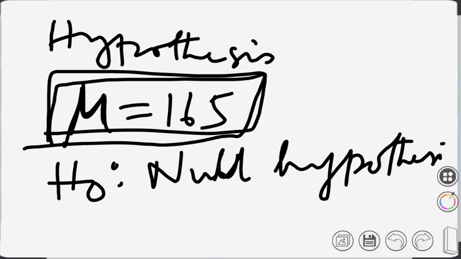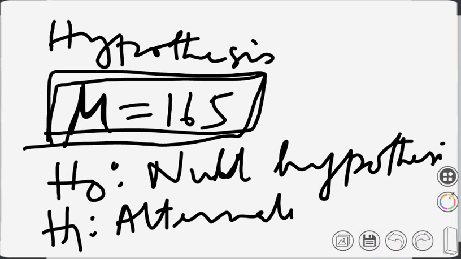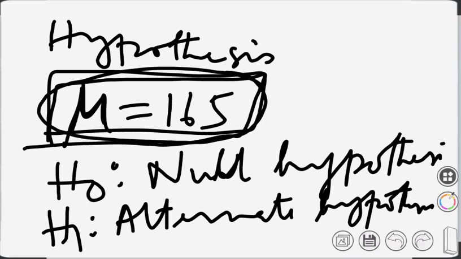Then another term is called H1, which we define as the alternate hypothesis. What is the alternate hypothesis? Anything different from the null hypothesis is termed as the alternate hypothesis. So if I am suggesting mu equals 165 as the null hypothesis, then what could be the alternate hypothesis?